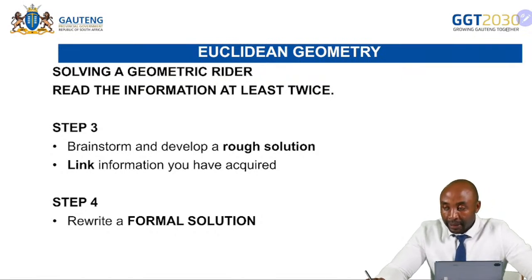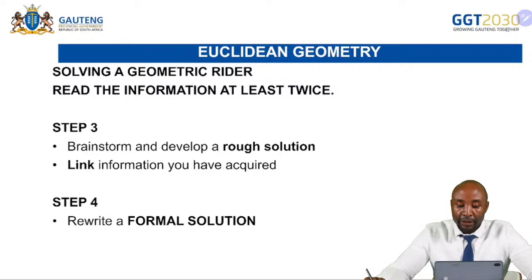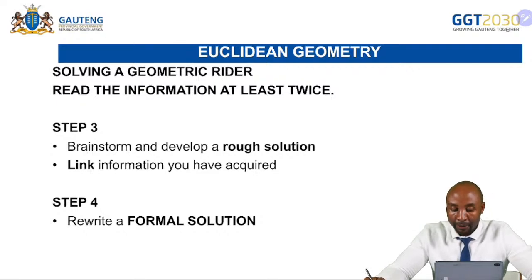Step number 3, you brainstorm and develop a rough solution. You link information you have acquired. That is very important. Like I said before, any question with a diagram is the easiest because the answer is already in front of you.